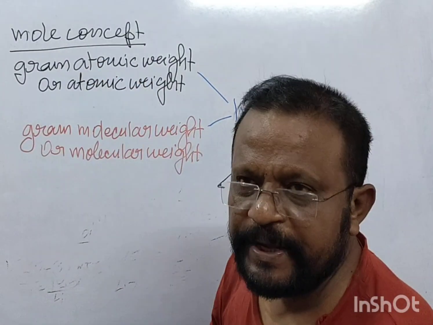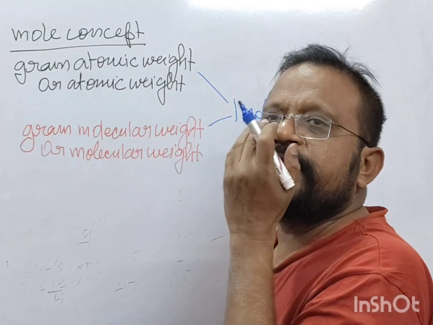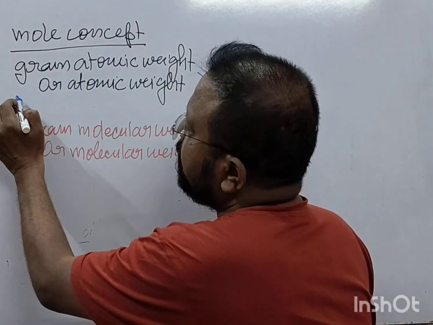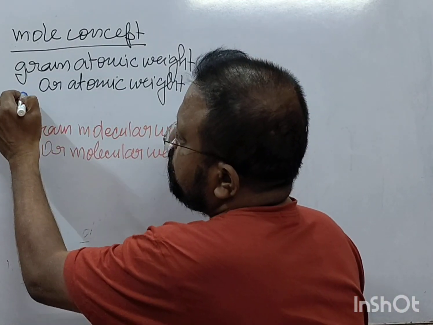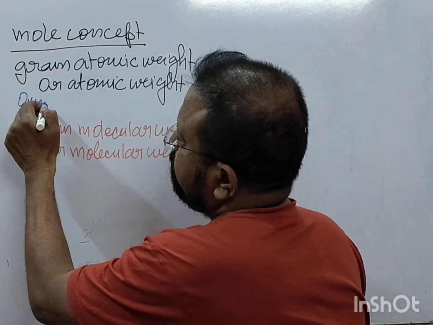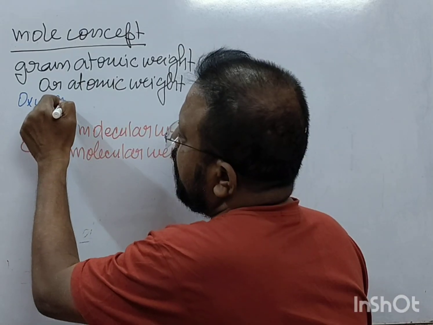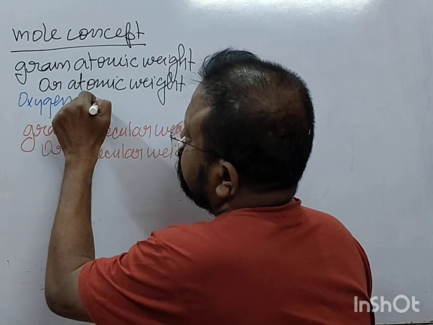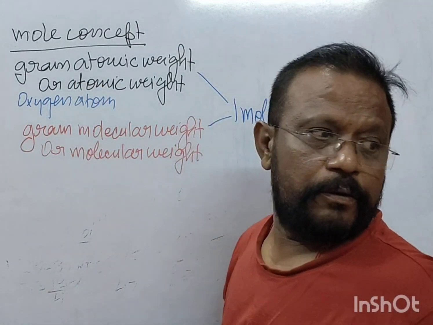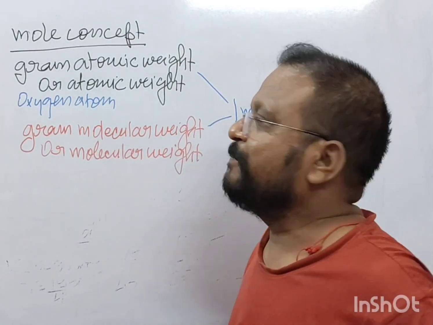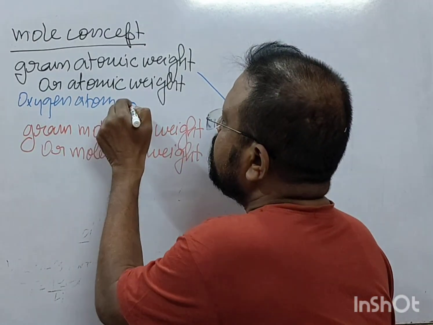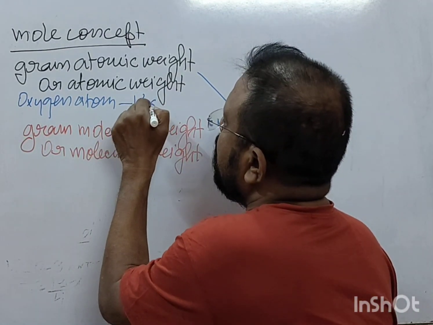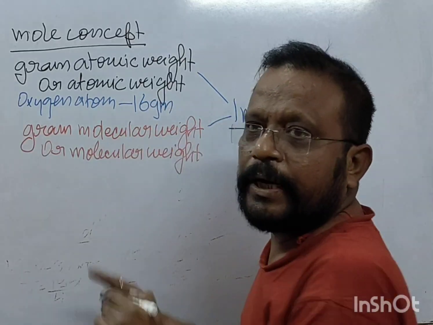Gram atomic weight means if we talk about oxygen, the oxygen atom, that is 16 gram, right?